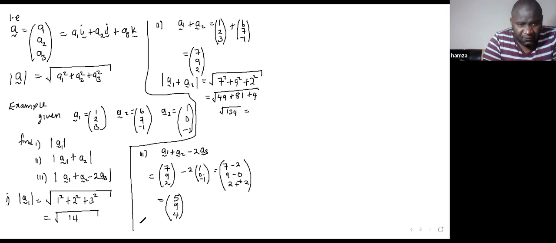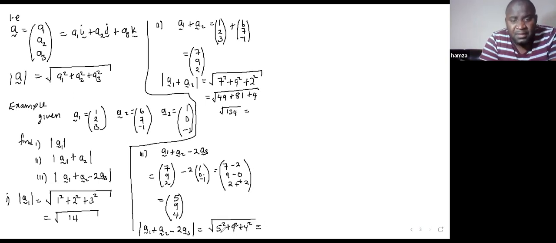So the magnitude finally of A1 plus A2, if we have already got the sum of A1 and A2, you don't need to sum them again here. You just extract out that sum earlier on and substitute down here. You'll have twice A3 magnitude. This will give me the square root of 5 squared plus 9 squared plus 4 squared.